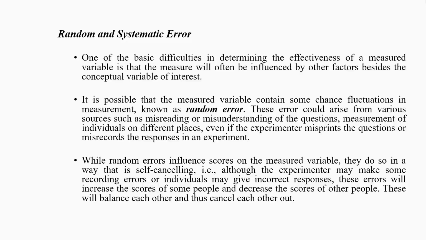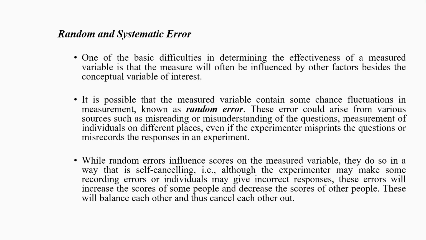Okay. Now, these random errors do influence the measured variable sometimes, but they do so in a way which is self cancelling. If there are any number of random variables that can have an effect on your dependent measure, a lot of times it will happen in a way that is self cancelling. What does that really imply?